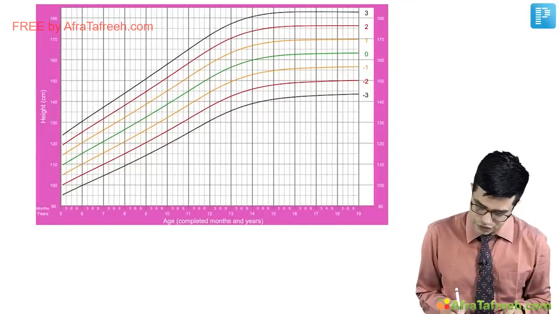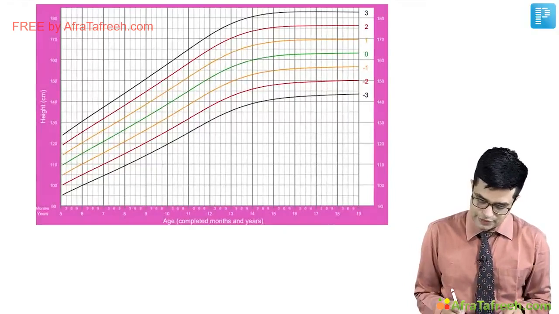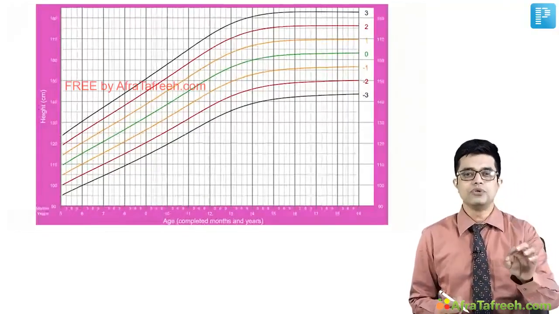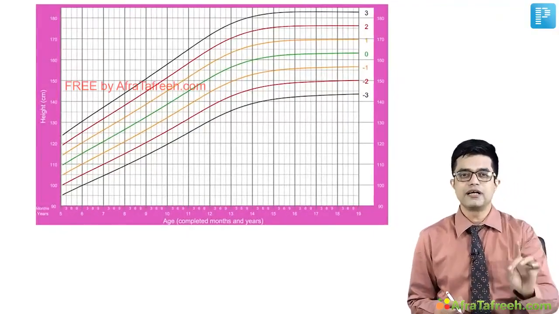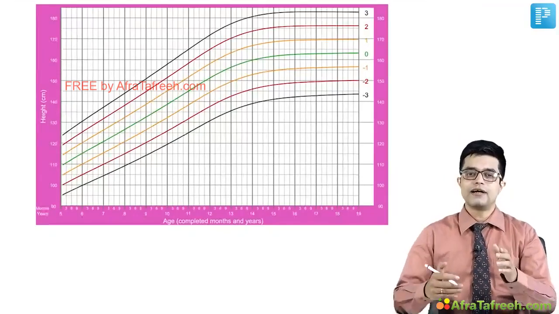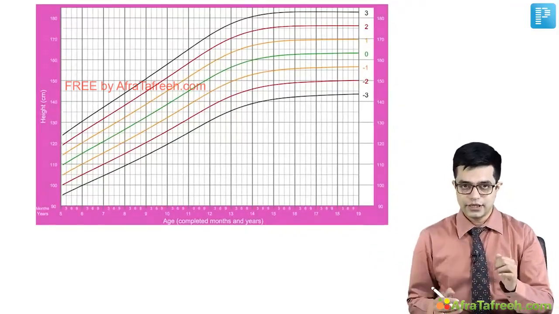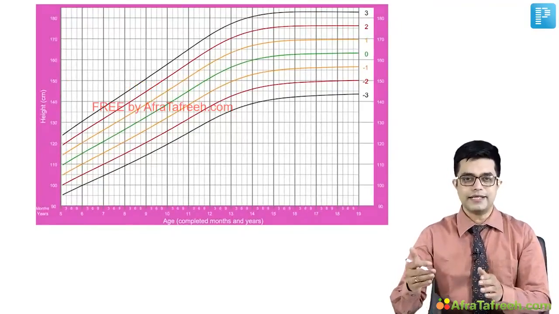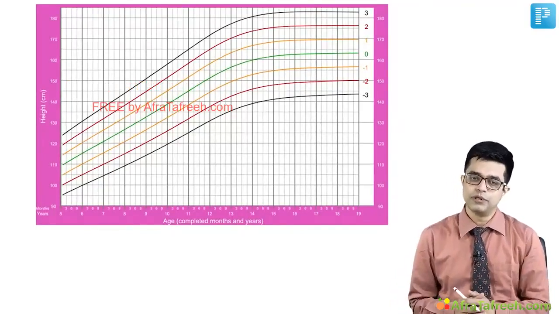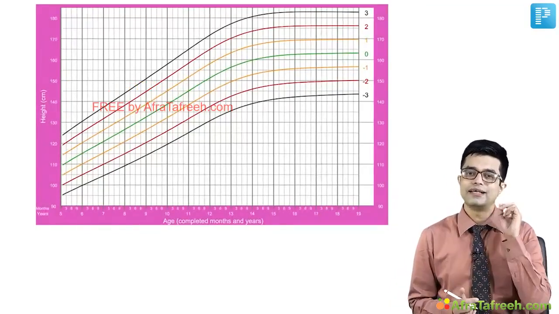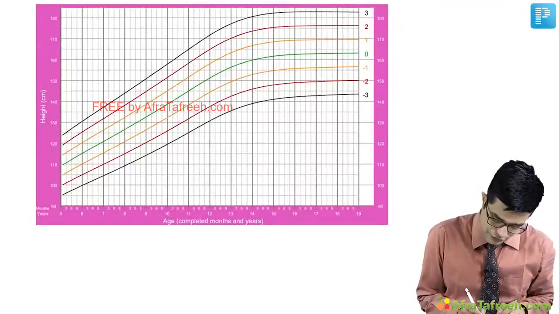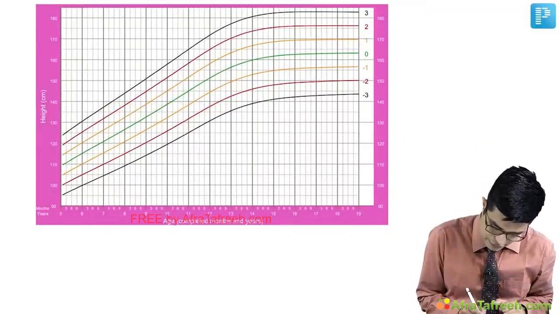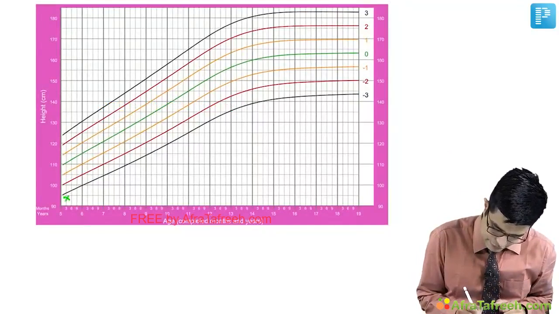See, the first chart, the first plotting, a child came to you, the question will come something like this. A child comes to you in OPD and was followed up for many years. His heights as plotted on the curve are shown below. What is the likely diagnosis? So first is the green colored child. I am putting it like this.